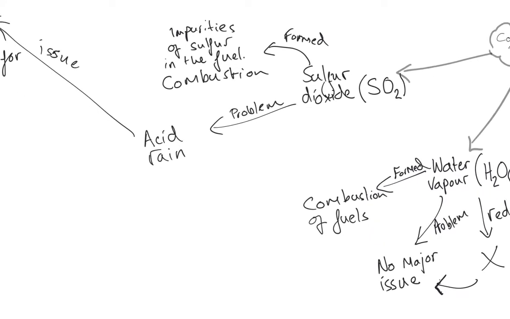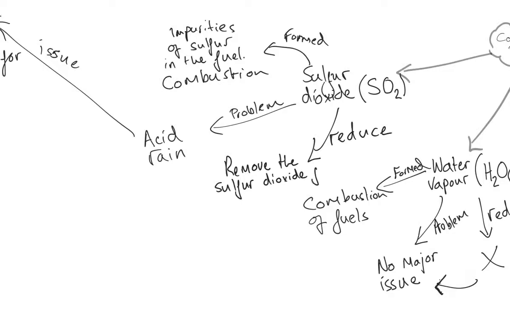So why or how do we reduce the amount of sulfur dioxide formed? Because that seems like an important thing for us to do. So how do we reduce it? It's hard to reduce it. You can have fuels that are more pure and don't contain sulfur, or you have to remove the sulfur dioxide from the waste gases.